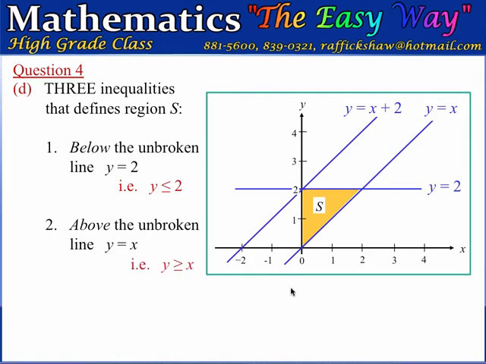The third line that is bounding this region is the y-axis, and the y-axis is the line x equals 0. And x values on the y-axis will be equal to 0, but x values in the shaded region will be greater than 0.